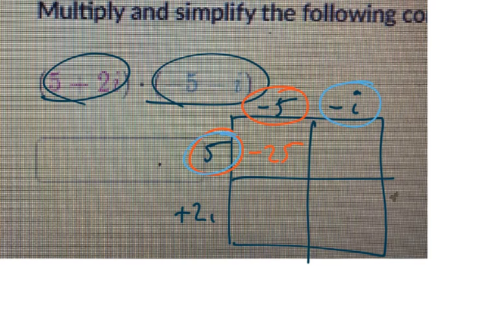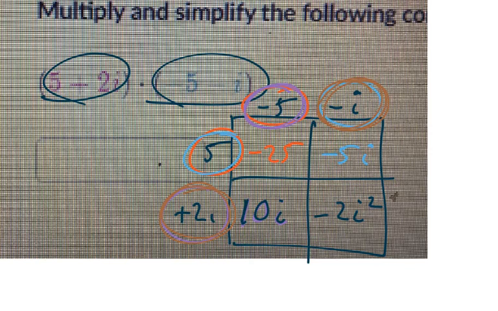Negative i times 5 is negative 5i. Negative 5 times 2i is a positive 10i. And finally, negative i times 2i is going to be a negative 2i squared.